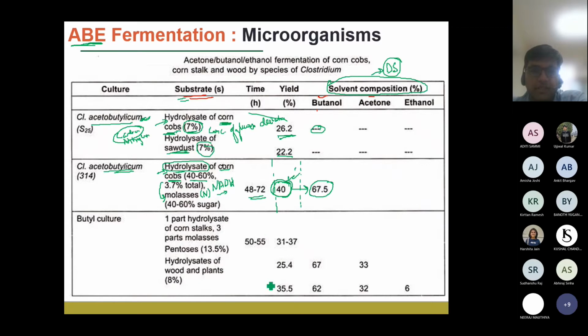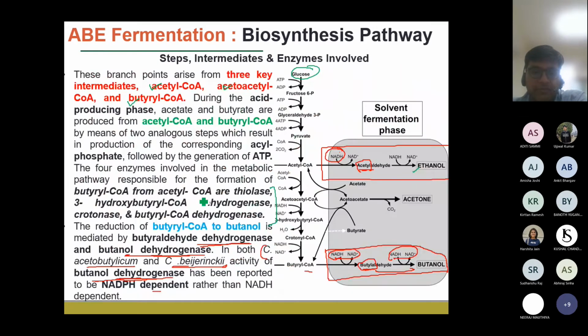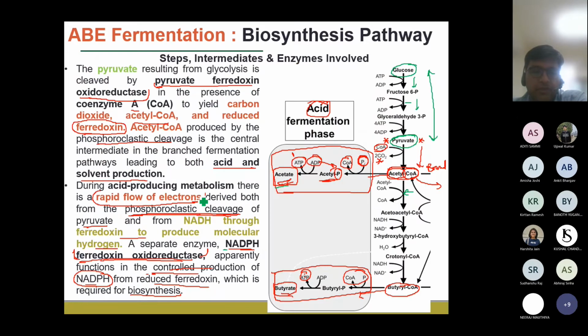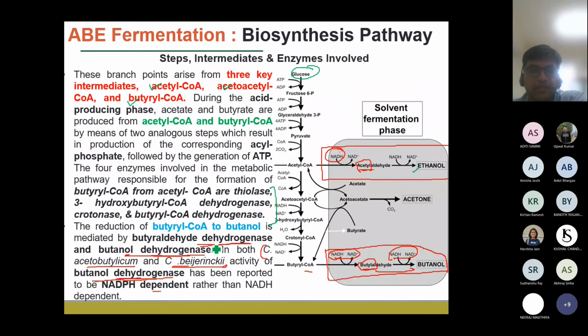So here, what is happening? It is shown that in this case we obtain a bit higher concentration of butanol when we have this type of molasses, because, as I told you, they contain biochemicals or factors which are responsible for the upregulation of this particular ferredoxin oxidoreductase, and they provide NADH so that this pathway is carried out.